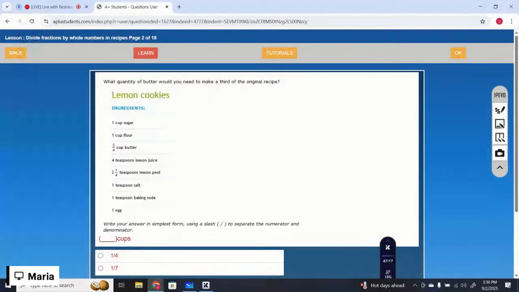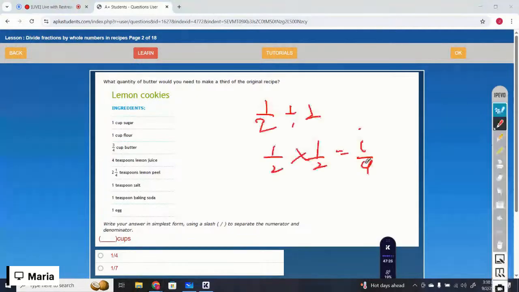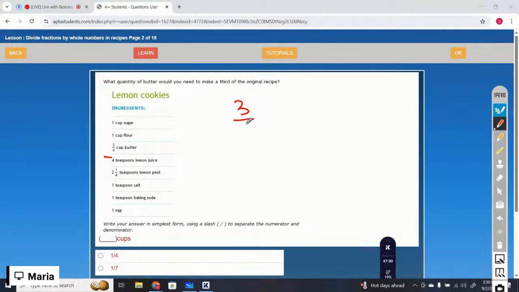What quantity of butter would you need to make a third of the original recipe? So you are going to make a third of the recipe, right? So in the given recipe, the butter used is 3/4 cup divided by the 3, right? Replace the division sign with multiplication and reciprocal. 3 and 3 cancel out.